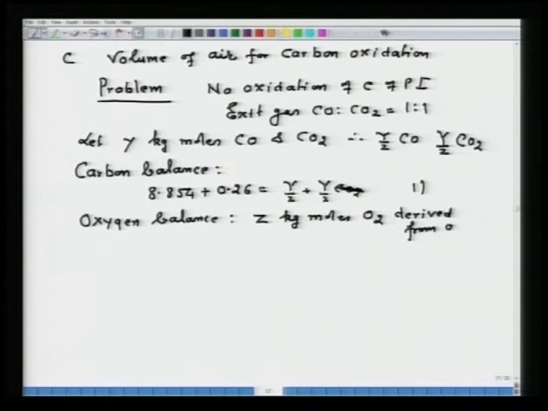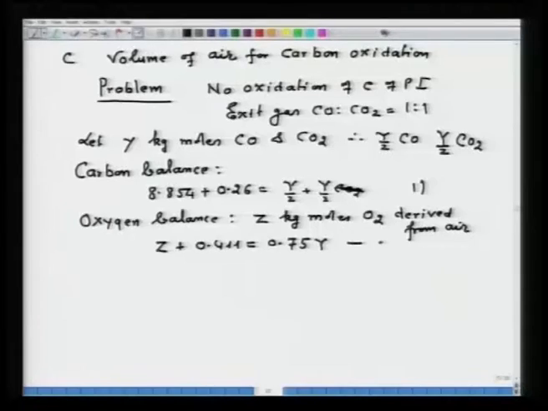Again here you have to do the oxygen balance. This will give you Z plus 0.411 is equal to 0.75 y, say y by 2 moles in CO2 and y by 4 moles in CO. So, this is my equation 2.